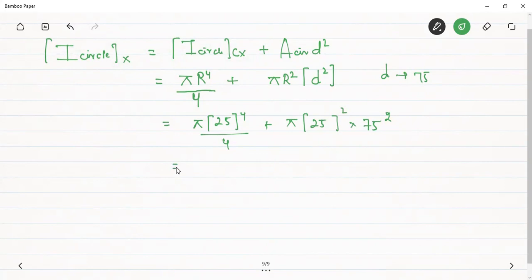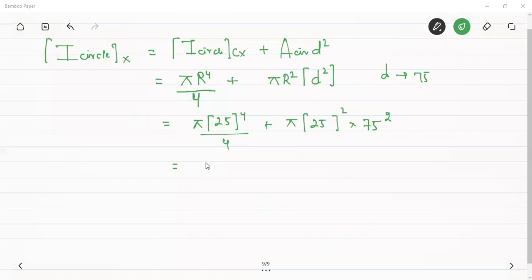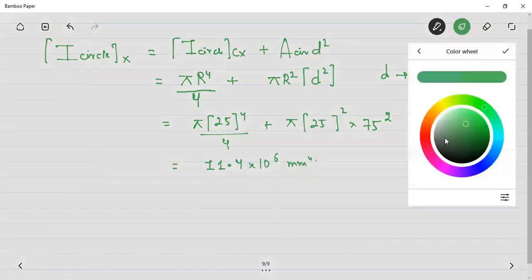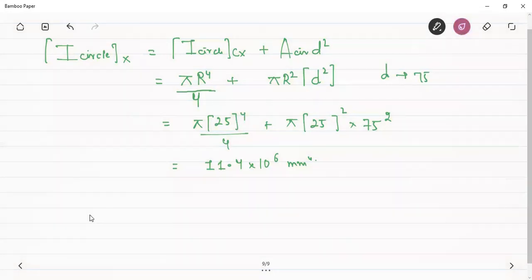If we solve this expression and calculate it, it will be equal to 11.4 into 10 to the power 6 mm4. So these were the individual moments of inertia of the complete rectangle and the circle about the x-axis.